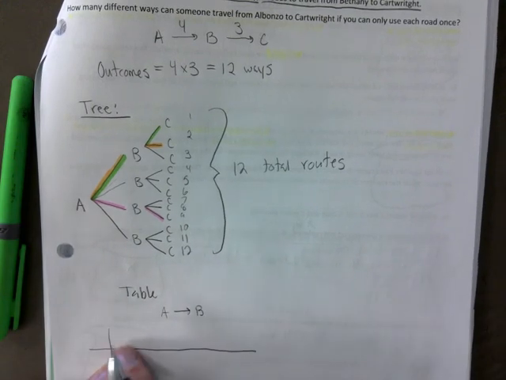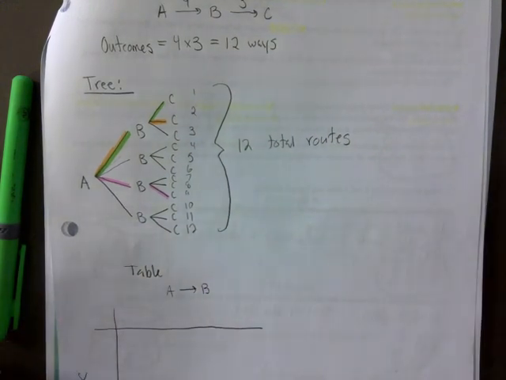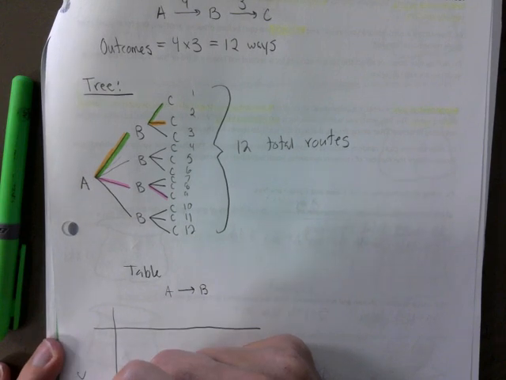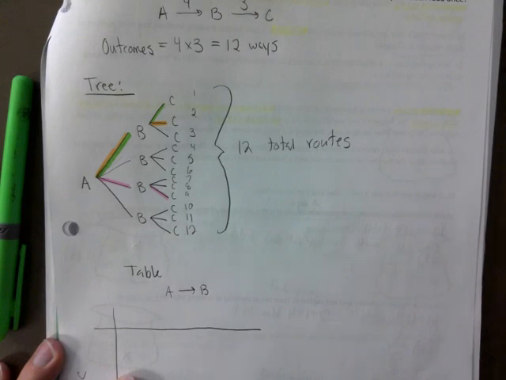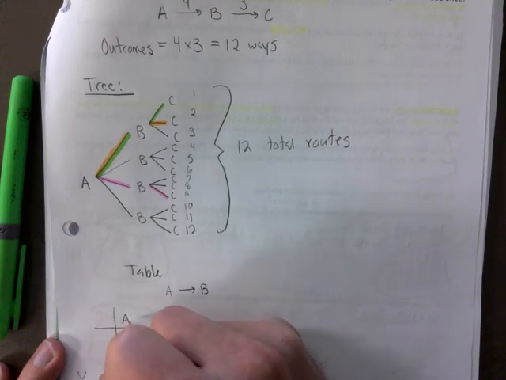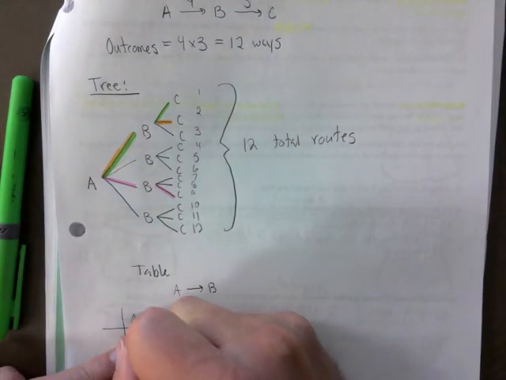So you can label the outcomes any way you want, or you can just label them 1, 2, 3.